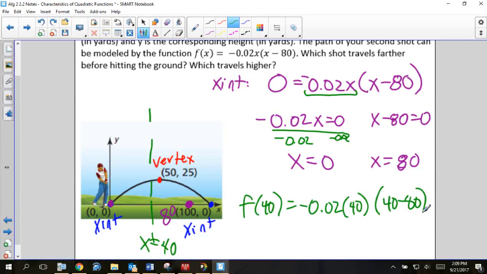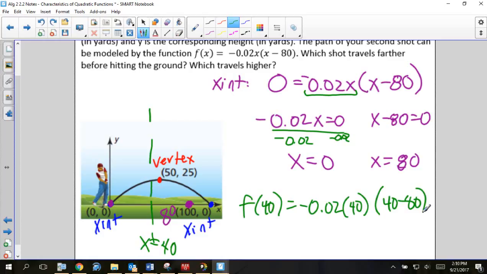You're just typing in the 40 to find the vertex, f of 40. You took that answer, but you didn't tell your calculator to do 40 minus 80 first.